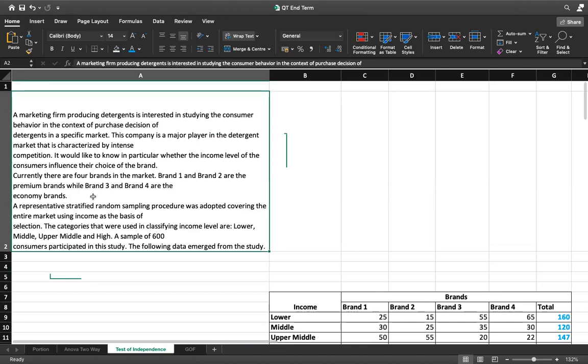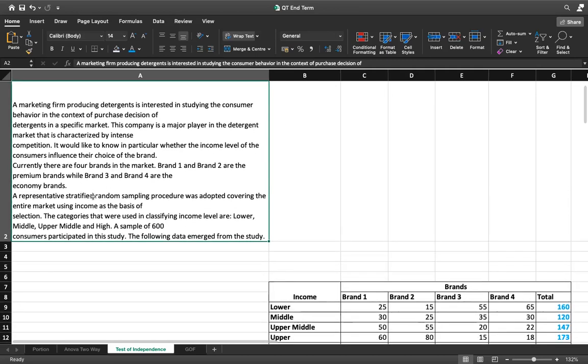In this example, they are saying that a marketing firm is producing detergents, and they want to study consumer behavior. They want to see basically if the brands and the income level of the consumers are related or not.